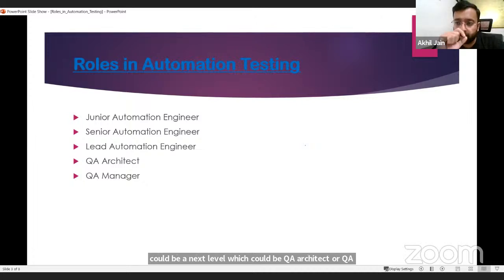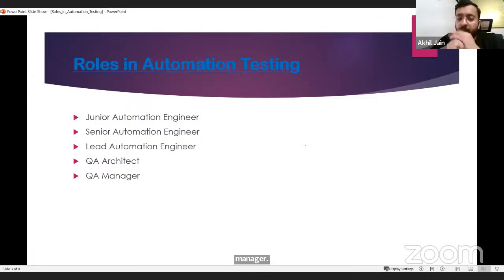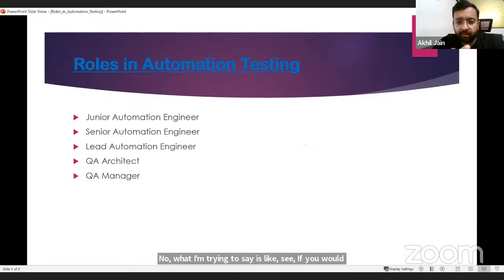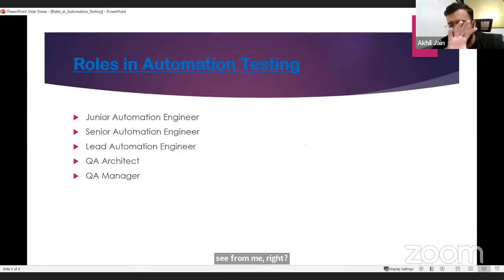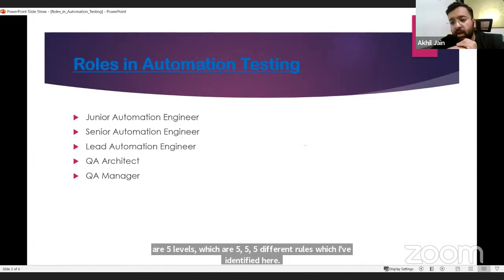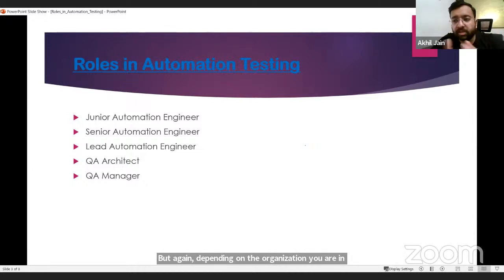Now, what I'm trying to say is, as you would see from here, there are 5 levels, 5 different roles which I've identified here. But again, depending on the organization you are in and the kind of structure they follow, this could vary.